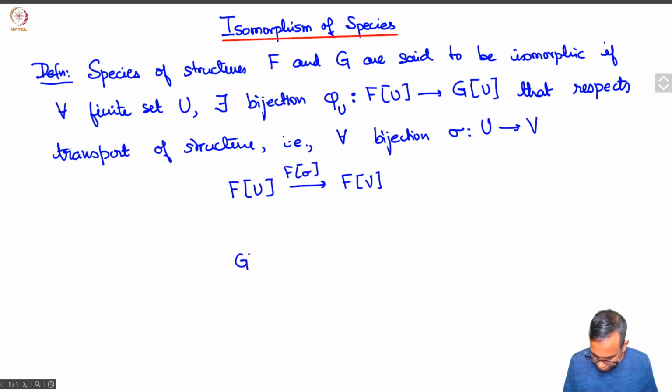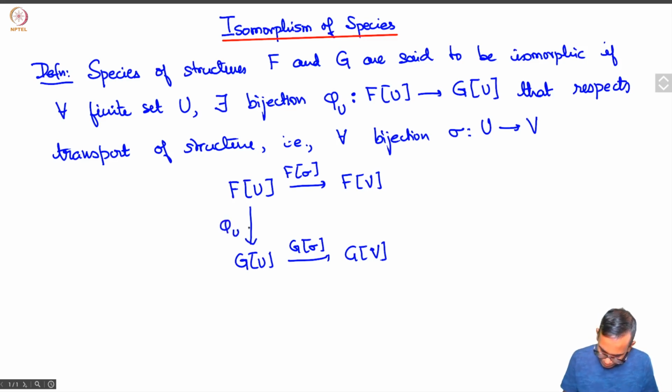On the other hand, from G of U to G of V we have G sigma. And now from F of U to G of U we have phi U, and from F of V to G of V we have phi V. These are all bijections. This diagram commutes.